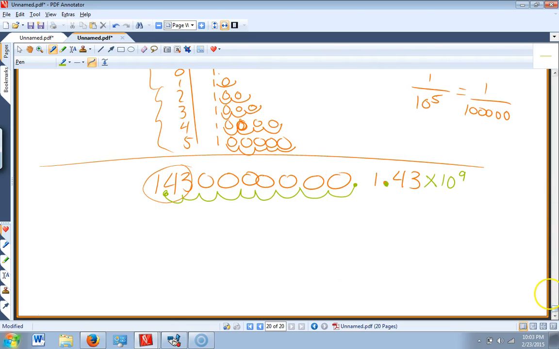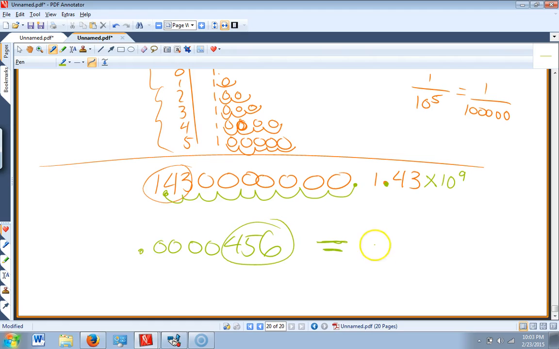And now if we wanted to do something small, so let's say 0.0000456, okay? We want to write this in scientific notation. The first thing we need to do is find an integer that we can write between 1 and 10.